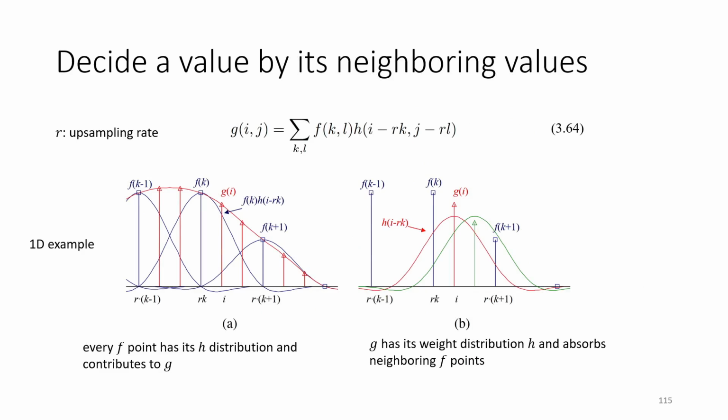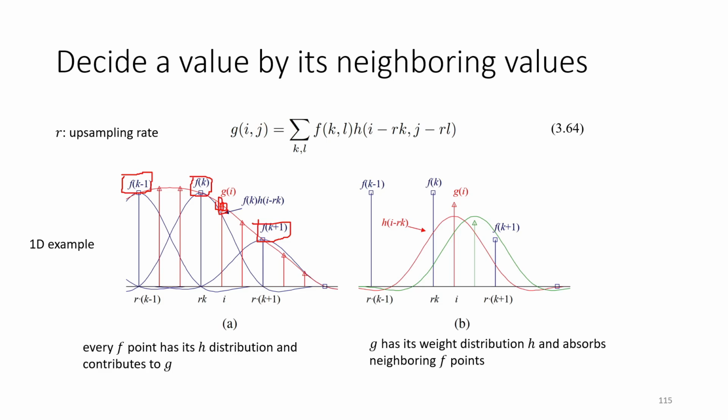Interpolation. We only have F. F is the input value. So we have the value of F here, and we want to decide, if there is an index i here between Rk and R times (k plus 1), what the value should be.